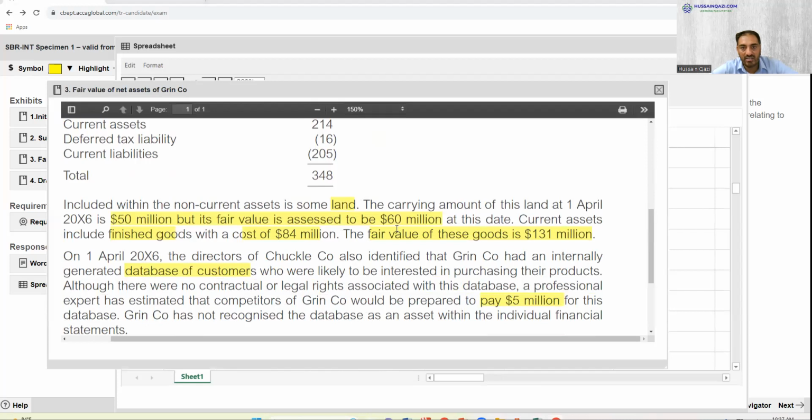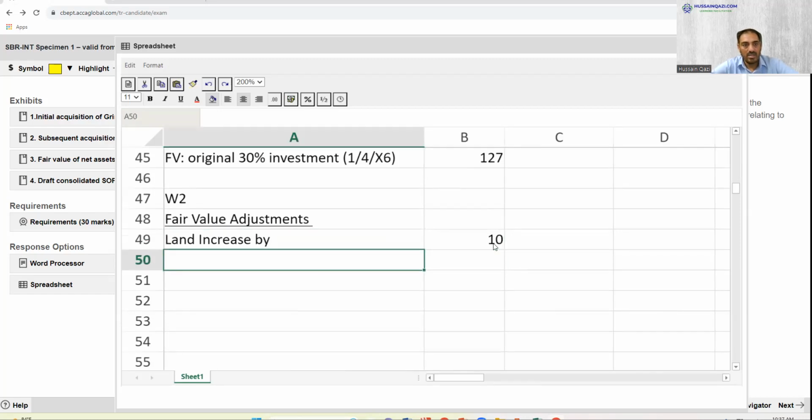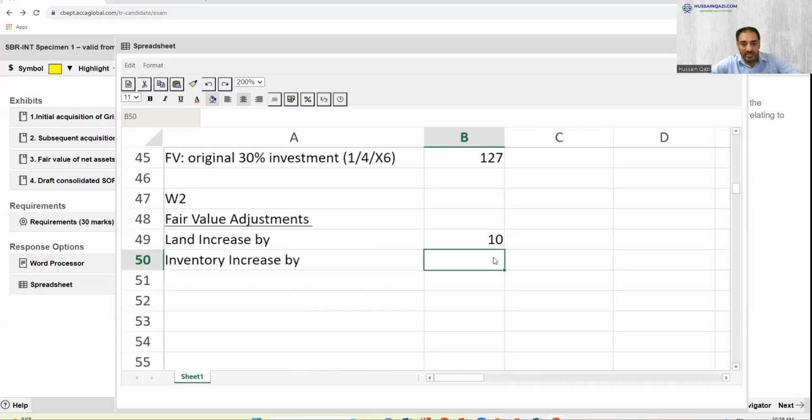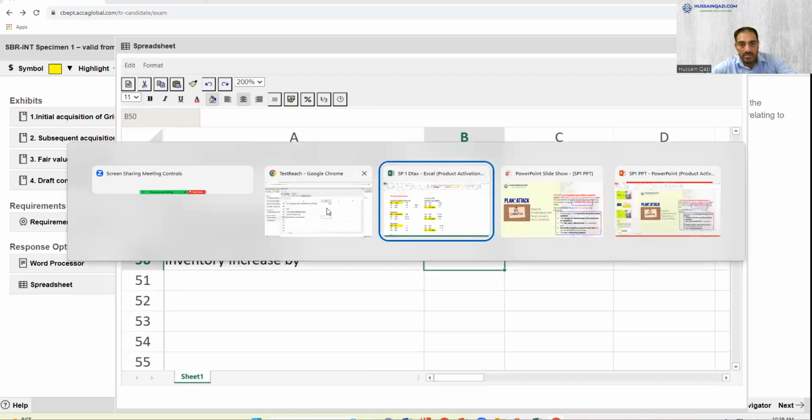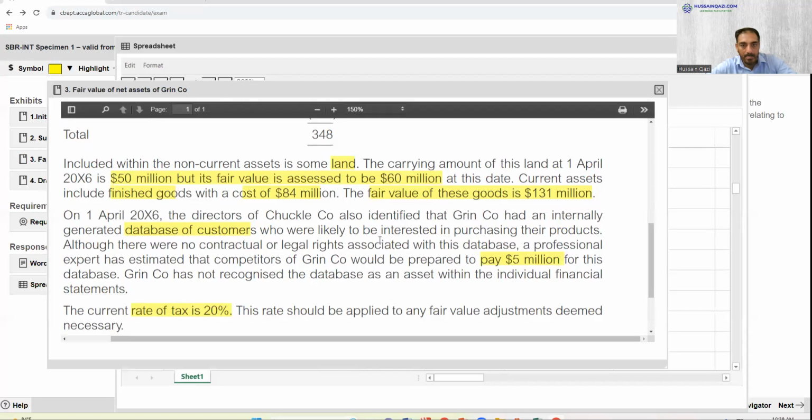That's from 50 to 60. That's 10. Land increased by 10. Inventory increased by value, 131 minus 84.